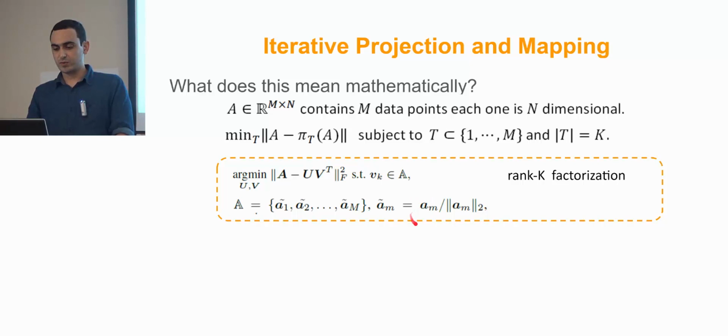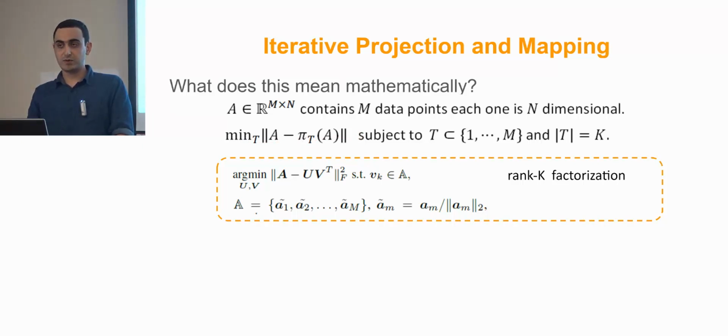So we have the data points, we normalize them and put them in set A. And we want to reconstruct matrix A as a linear combination of k of these normalized data points. So this problem is exactly the same as the main problem that we wanted to solve.